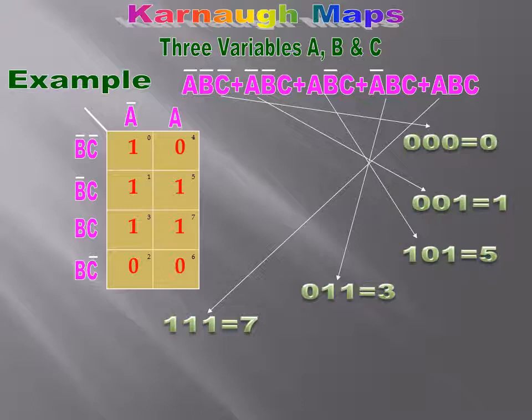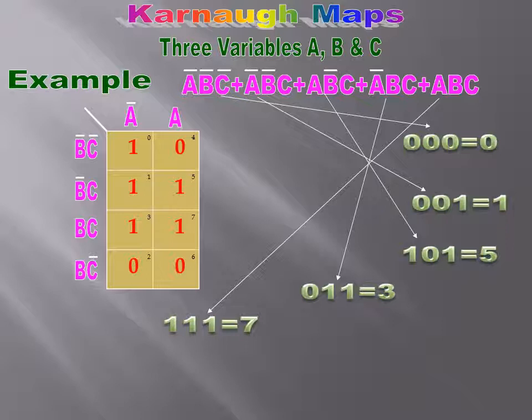So all these terms can be placed inside these cells as ones, and whatever terms are not present will be placed as zeros. In the corners of the cells it is written which cell each one represents. I have written in the corners in black 0 1 3 2, then 4 5 7 6. These are the cells representing different terms.